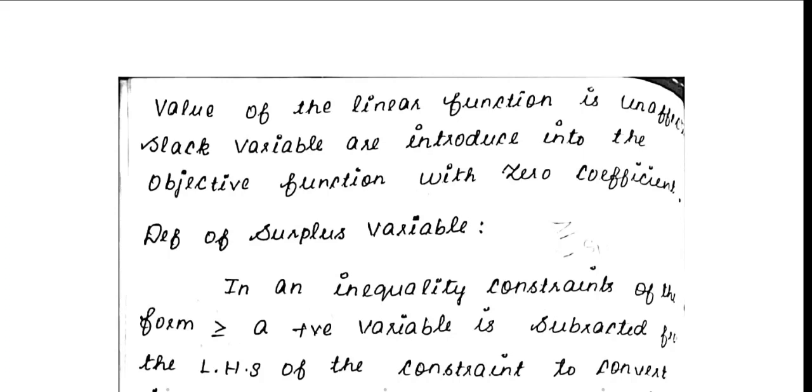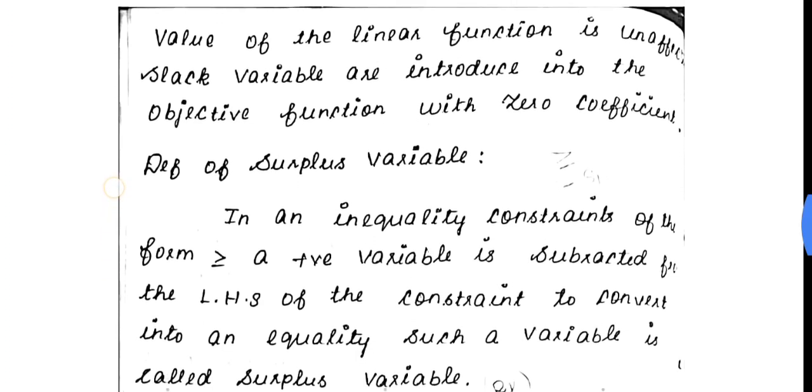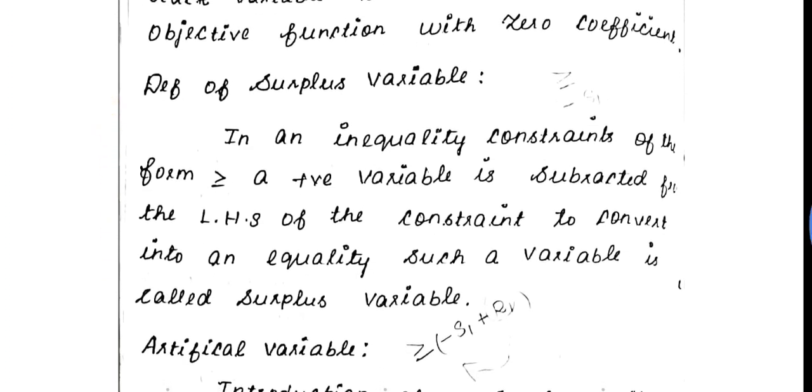Surplus variable: if an inequality constraint is of the form greater than or equal to, a positive variable is subtracted from the left hand side of the constraint to convert it into an equality. Such a variable is called a surplus variable.